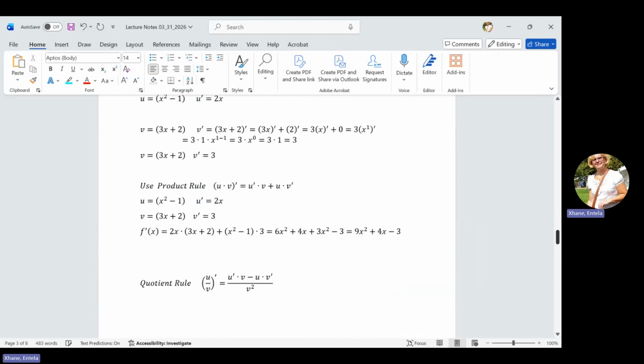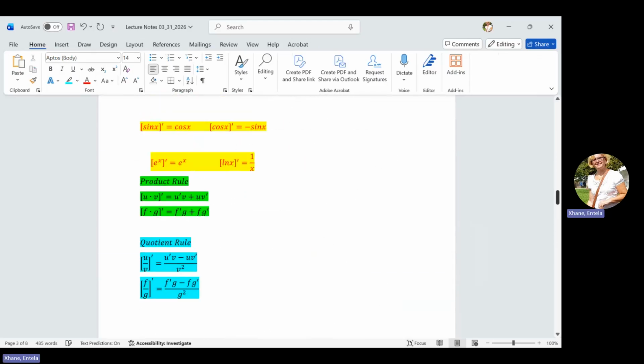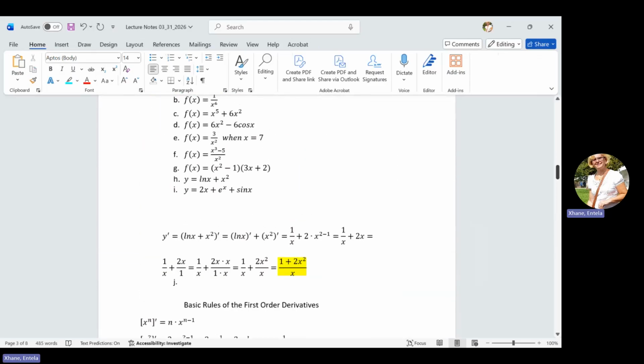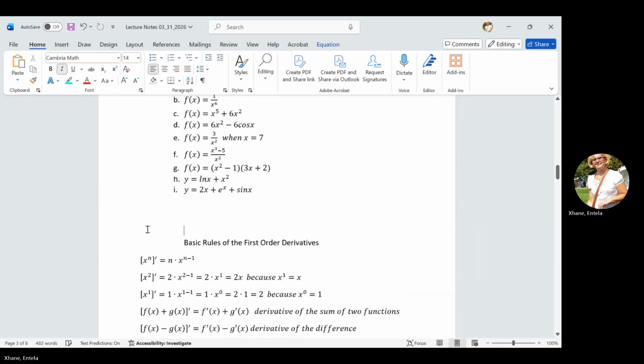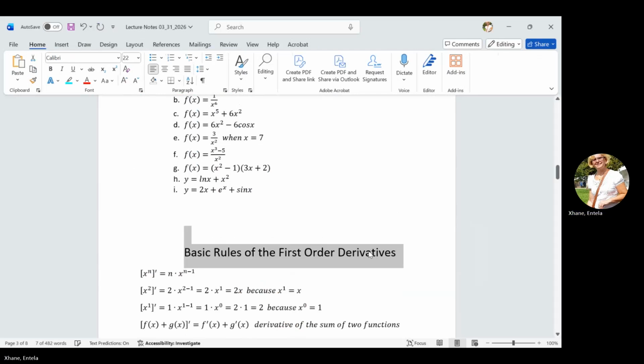And then let's find out how that's going to work. Okay. So basic rules of the derivatives. I'm going to make this bigger. And then, of course, there you go.